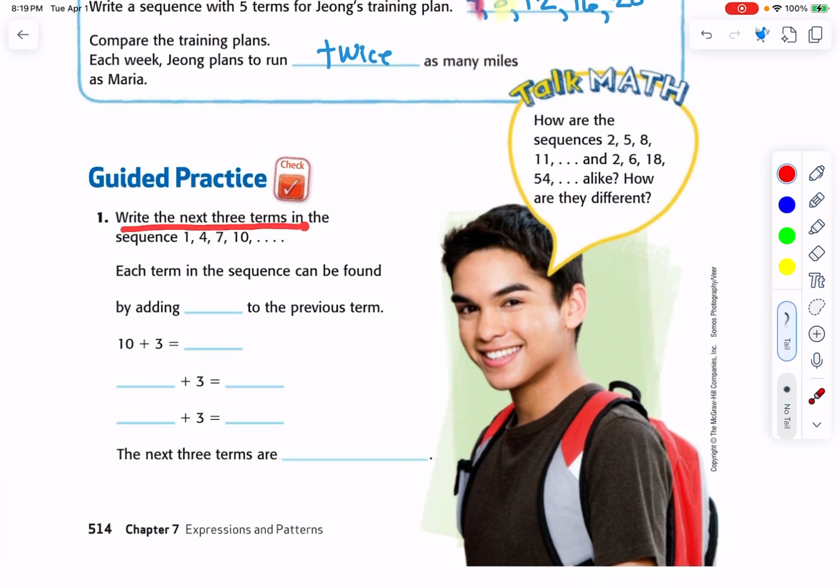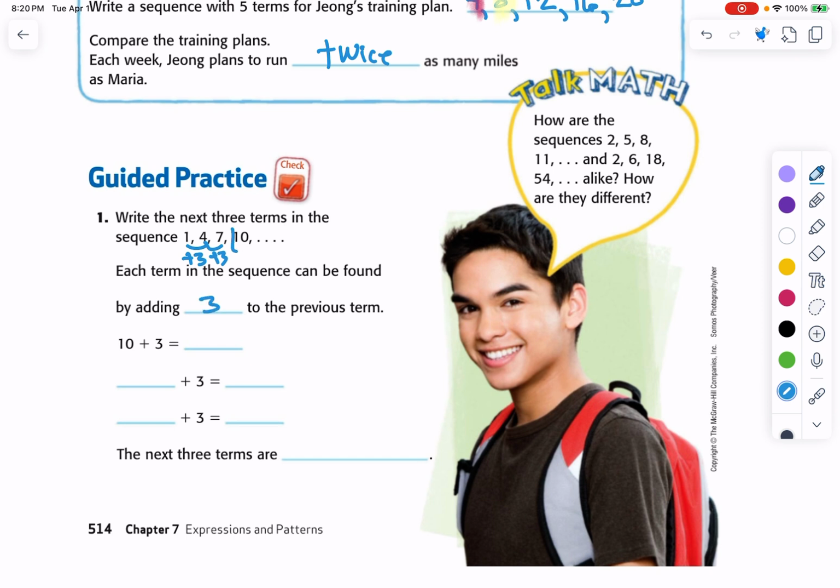Write the next three terms in the sequence 1, 4, 7, 10. So what are they adding here? 1 plus what is 4? Plus 3. Does that pattern continue? Is 4 plus 3 7? Indeed it is. So this pattern is adding 3 to the previous term.